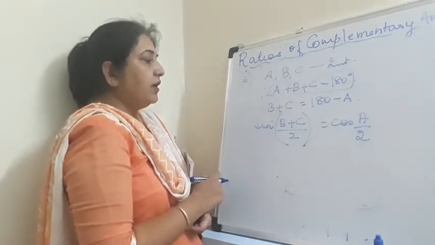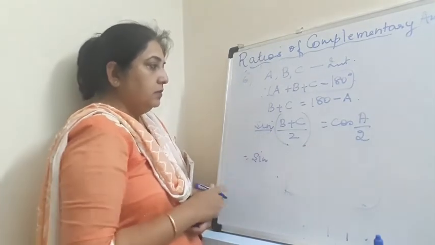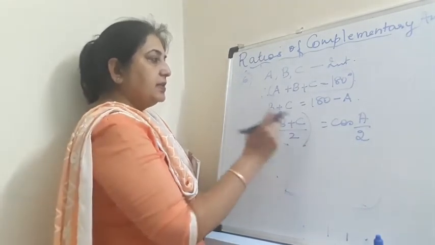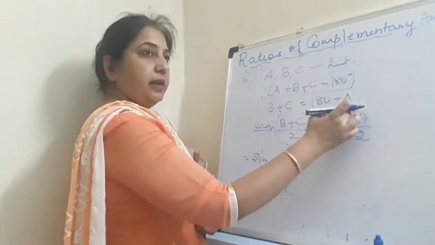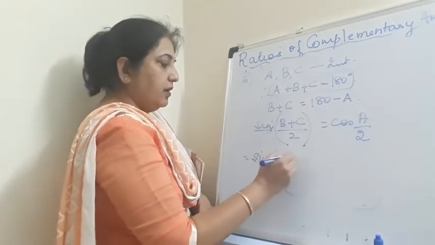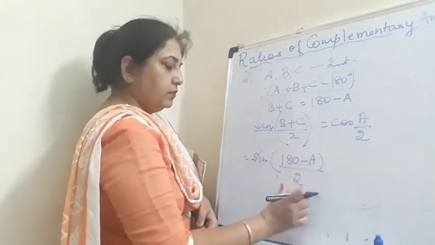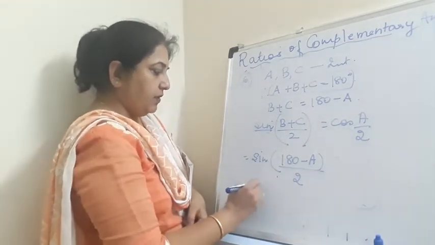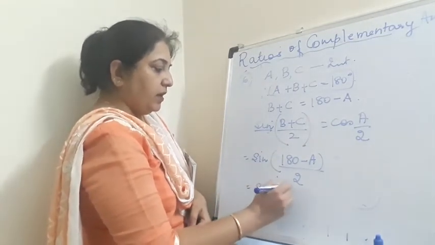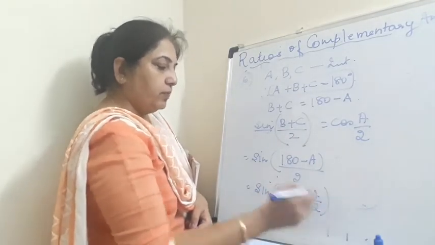Now we can write this side, sine of (B plus C), which is equal to 180 minus A. So I can write here (180 minus A) upon 2. Fine. Now I will split this and write sine of (180 upon 2 minus A upon 2).